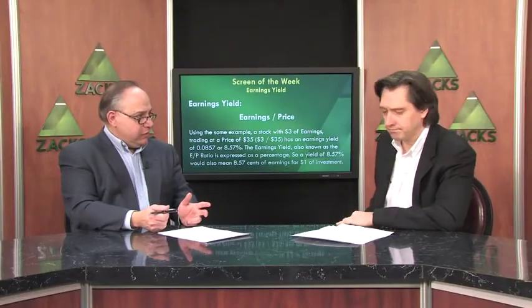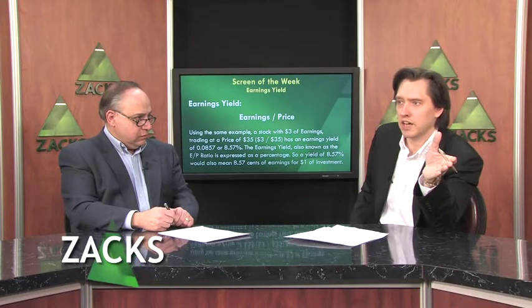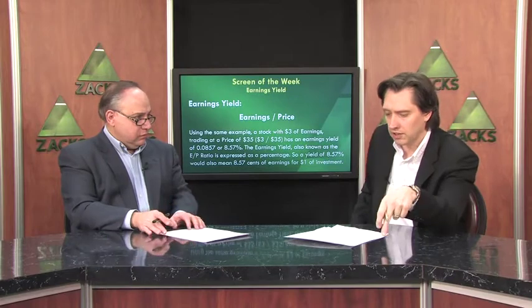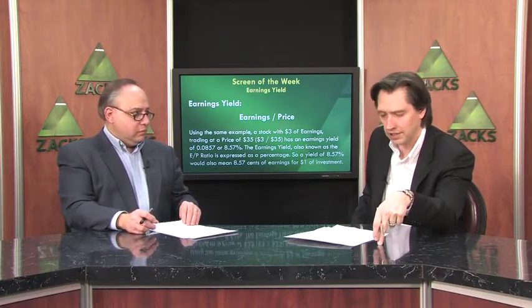So how's this most commonly used? Well, the way most people will use it, and the way I think you should use it, is you want to compare it to other stocks. But to see if a stock is undervalued or overvalued, people will typically compare it to the yield on a 10-year T-bill.